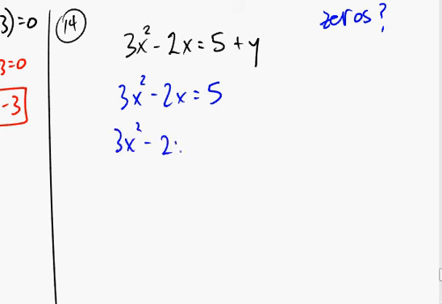So I'm going to make this equal 0 by subtracting 5 over here. And then I'm going to solve this. And if I can factor it, that will be the fastest.